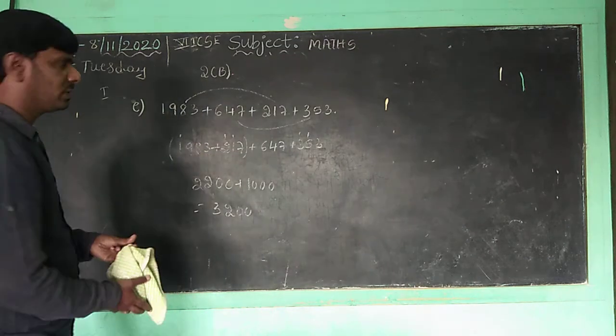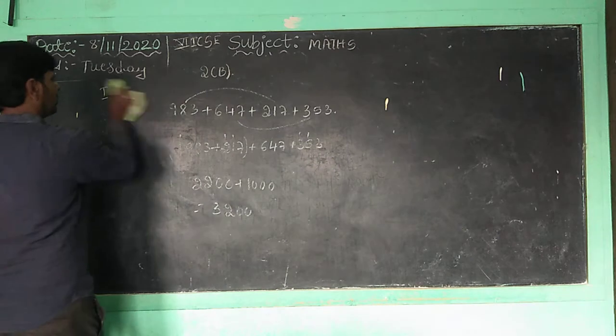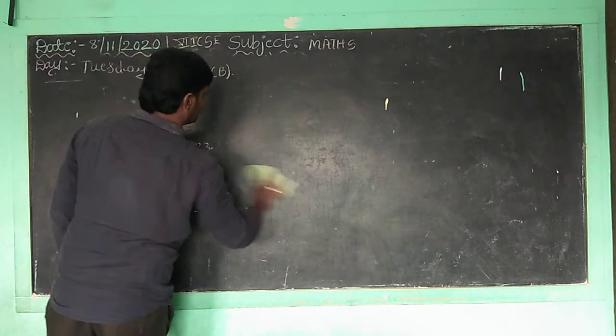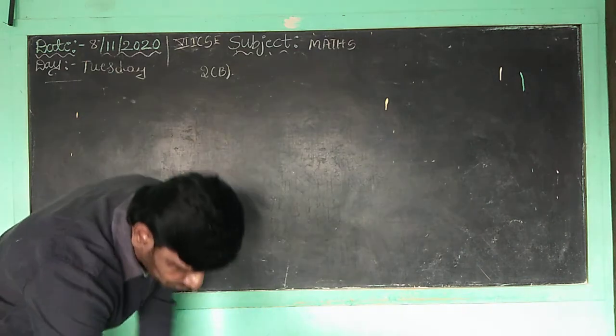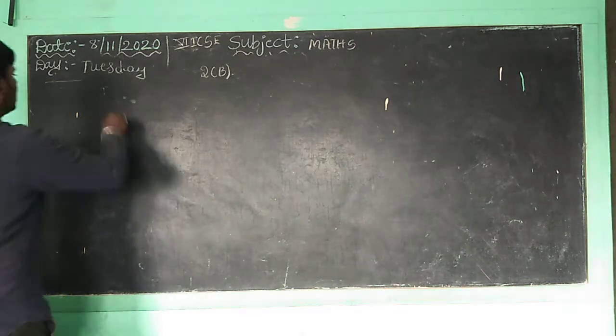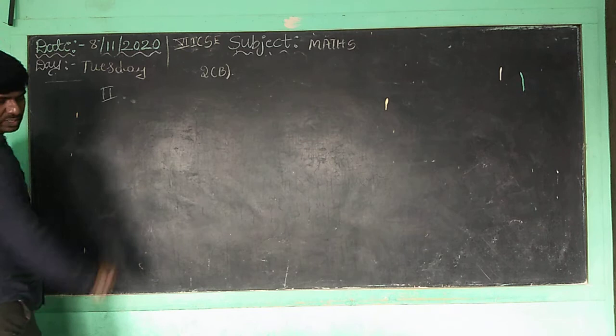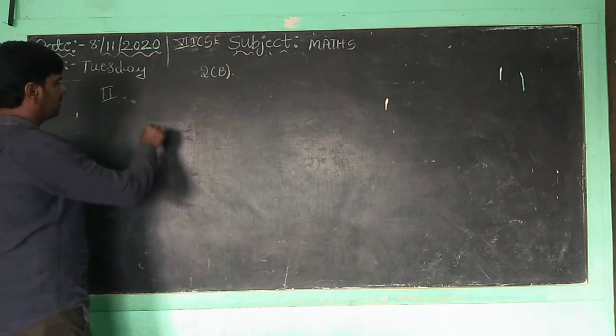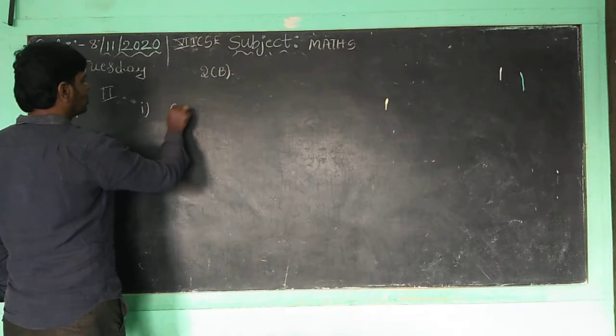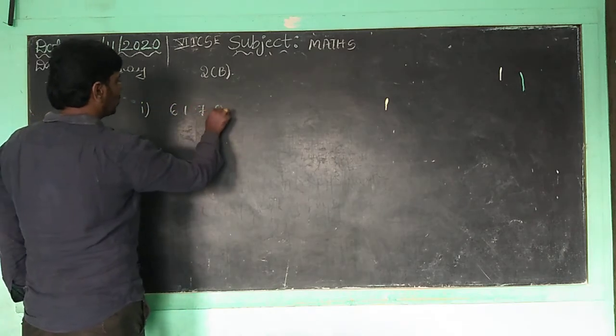Children, now we want to take the next one: replace the dash by the correct digit. Next we want to go to the second line. What is that second line? See, children, it's very simple. Second line. Replace the dash by the correct digit. Children, what is the first question? 6172.